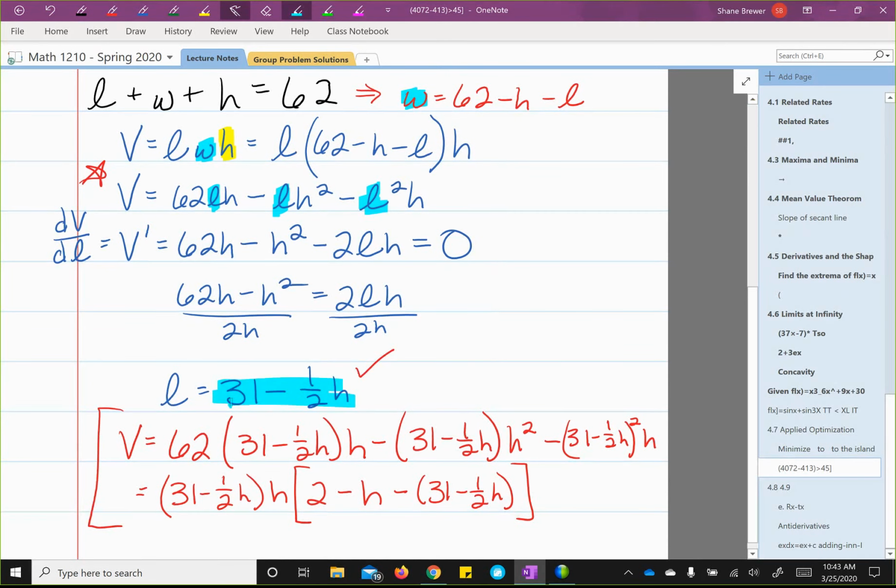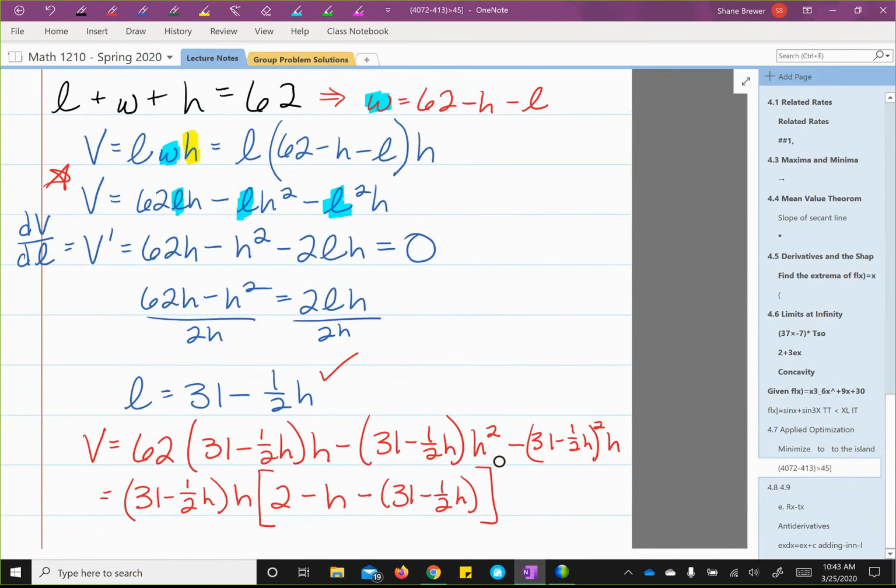So rather than do this, I'm not saying that's wrong, but I'm going to do it this way. We get the maximum volume when h equals h, because that's constant, right?